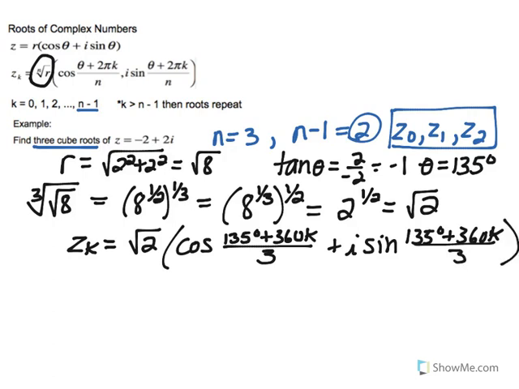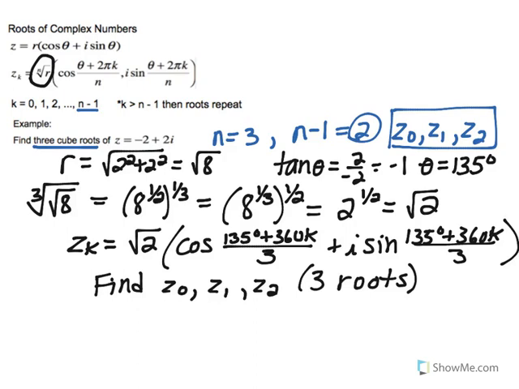The first time around, since we're going to be doing the 0, we're not adding the 360. So all that means is we're going to do it 2 more times and add the 360 on and get our coterminal angles. So we're going to be finding, like I said before, z0, z1, and z2. And we're going to move on to the next page to do this. So make sure you have this copied down so you can refer back to it.